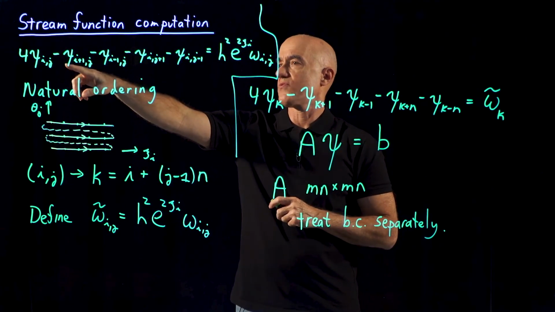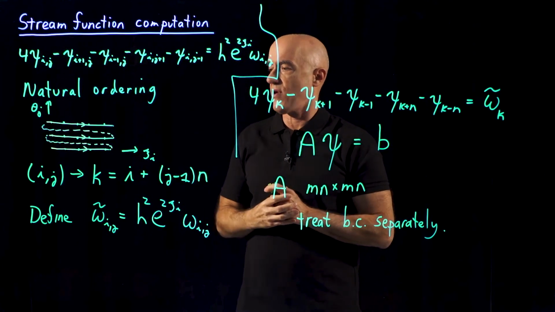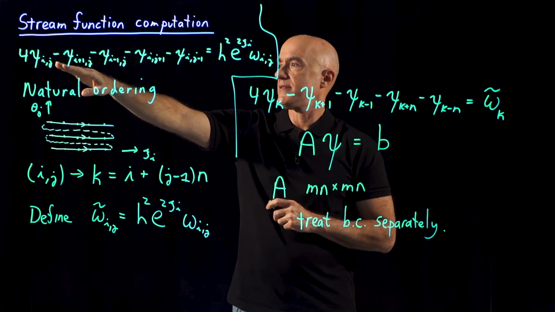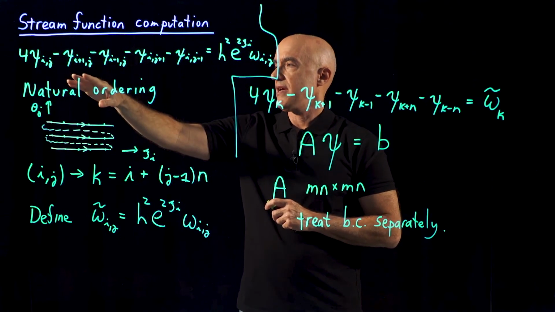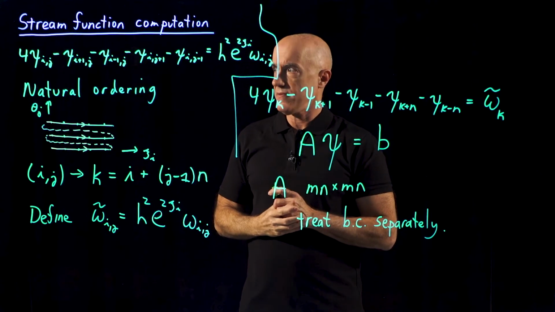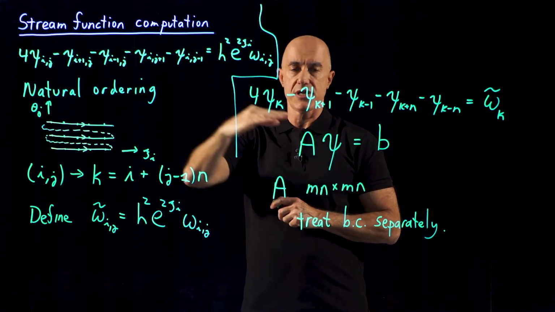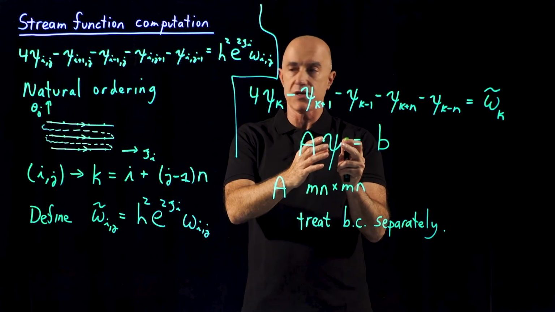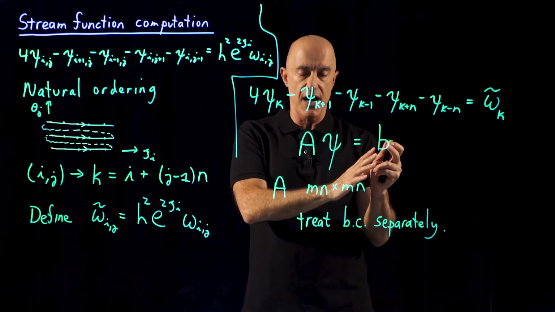That means we need to write this equation as a matrix equation. We apply natural ordering so that we can stack the stream function into a column vector. Then this equation becomes a matrix times the column vector of the stream function equals the right-hand side.